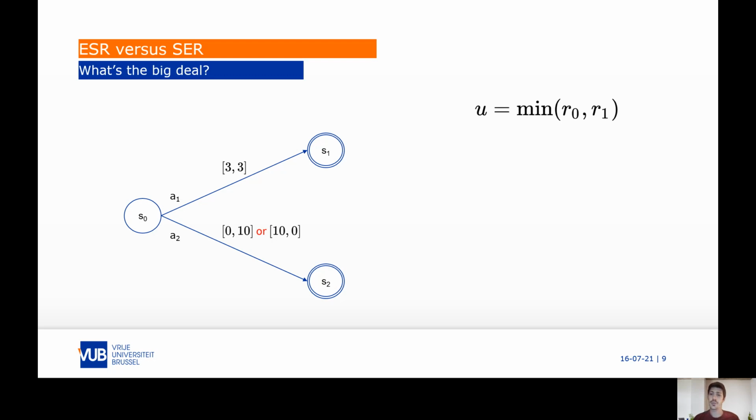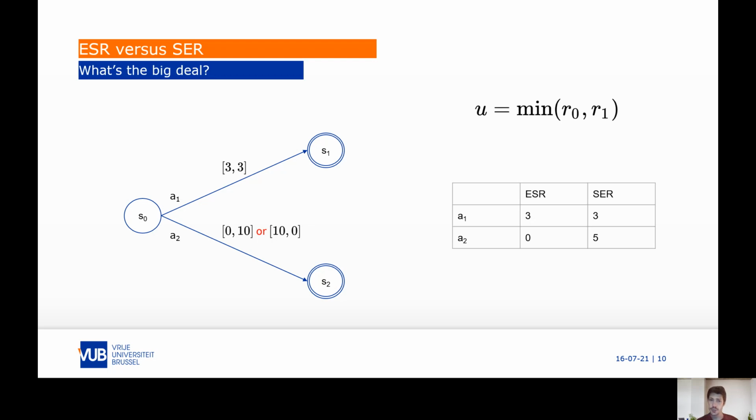Now, if you take the same utility function, depending on the setting, the optimal policy will be different. So let's look at ESR first. We apply the utility at the end of our episode. If we take A1, the utility will be 3, since we get a reward 3-3.